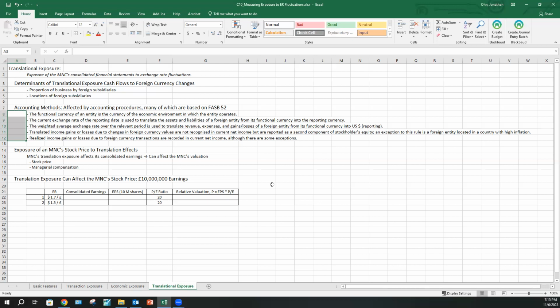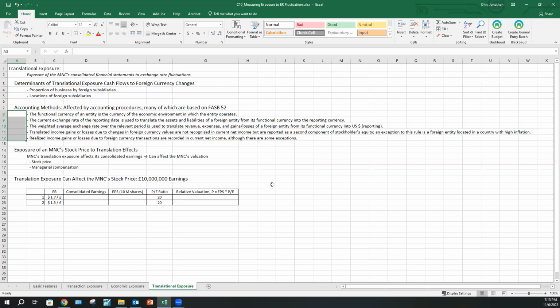So, the exposure of an MNC's stock price to translational effect. Because of this translation exposure, the company's stock valuation is also impacted.